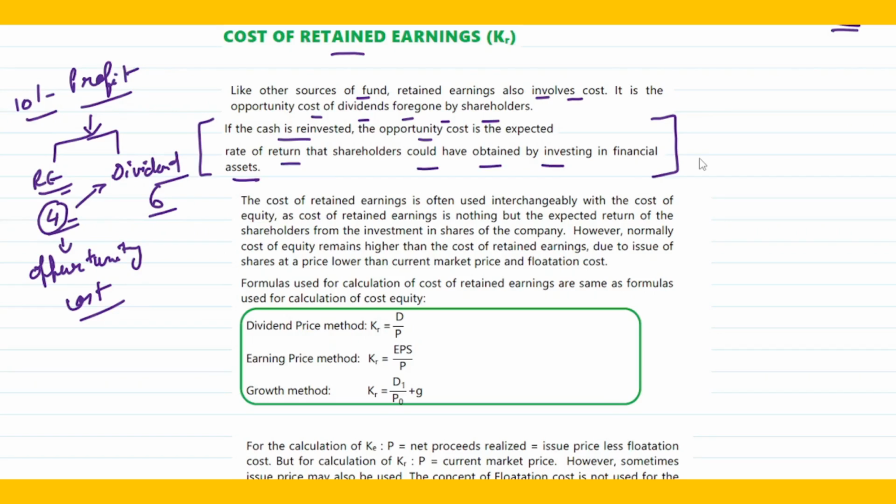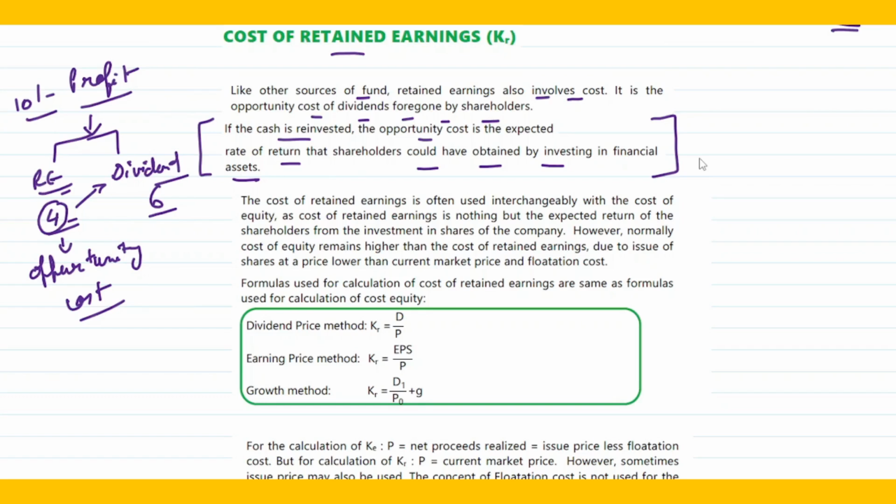That means if this 4 rupees would have been given to the shareholders, and they would have reinvested it somewhere else, they would have got some interest or some kind of income out of that. So that income is being foregone by those shareholders, and that becomes the cost of the retained earnings. Simple logic, nothing complicated, right?